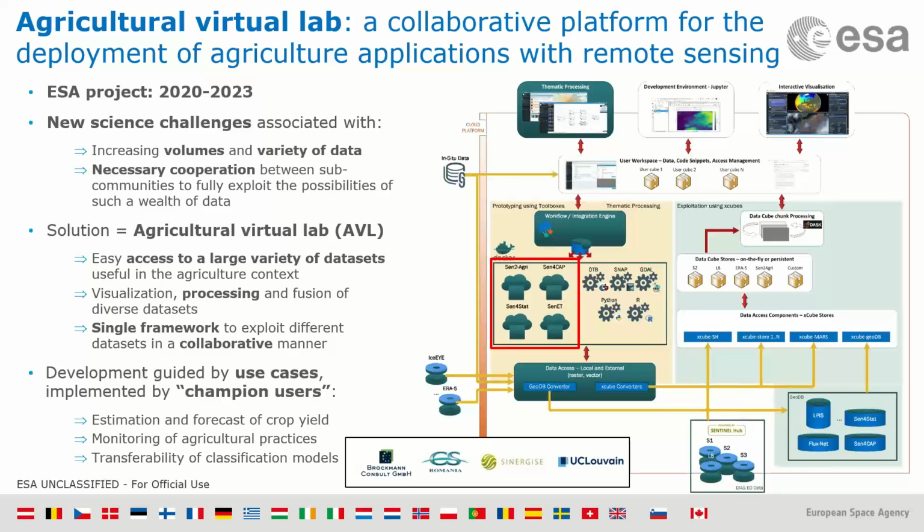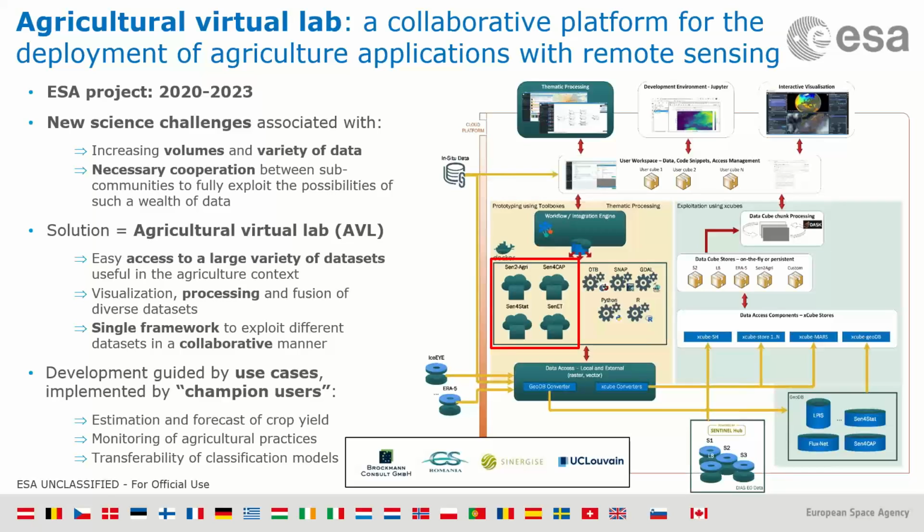So this platform aims at really fostering the cooperation between scientists, so between scientists from the same domain, but also scientists from different domains. And we will really insist on that. And so we would like here to make a clear link with the GEOGLAM community. So GEOGLAM will be one of the champion users of this Agricultural Virtual Lab.